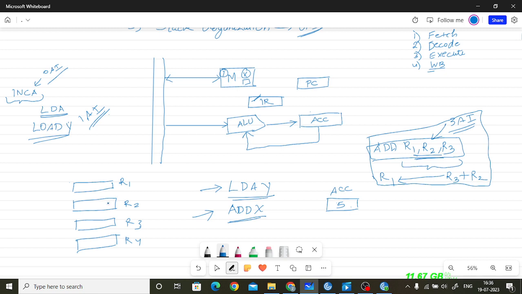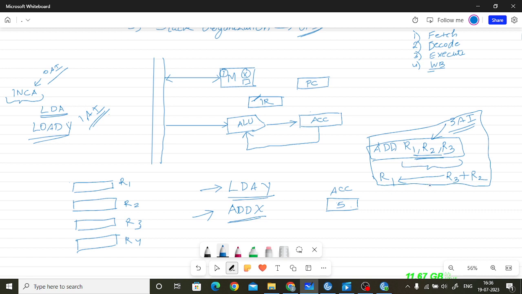we will be loading these registers one by one to the accumulator, and the data present in the accumulator will be given to the ALU, and ALU will perform the required operation, and it will give the data back to the accumulator, and from accumulator we will be giving the data accordingly which is specified in the instruction.